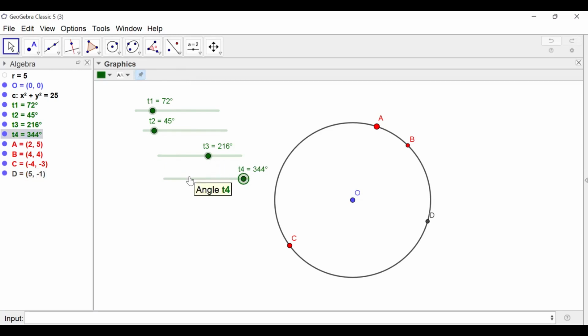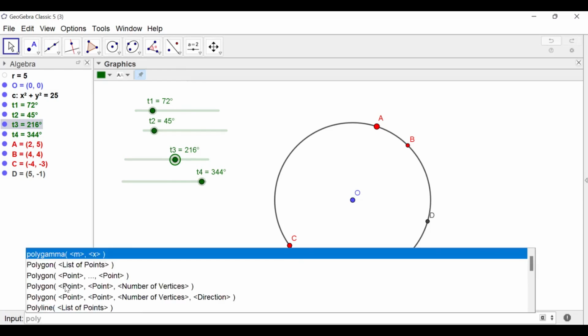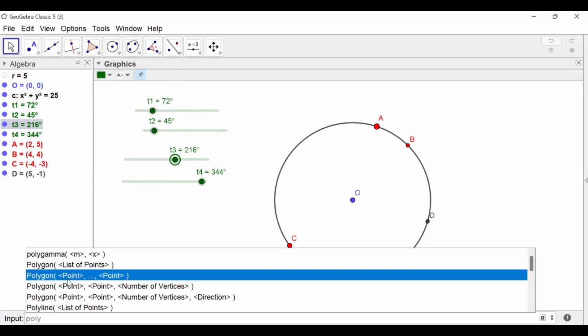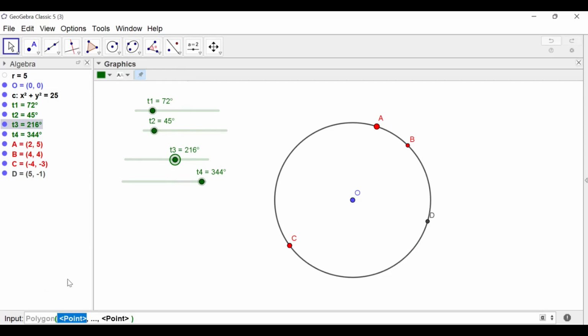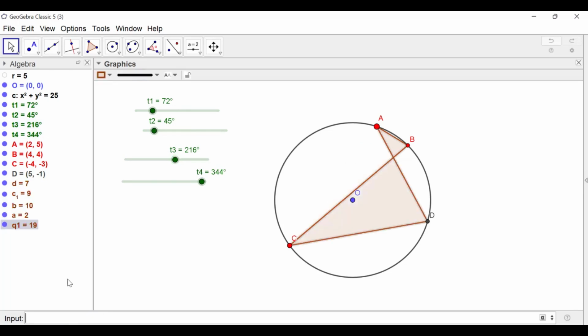Now, let's look at getting our quadrilateral. So we are going to use a command. We'll go to the input bar and type poly to get our polygon command. It will take the polygon command that said point, point, point. So we put the first point A, the second point B, third point C, and our fourth point is D. Okay, beautiful.